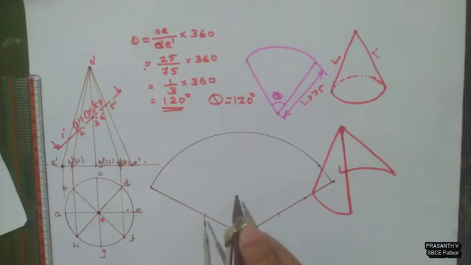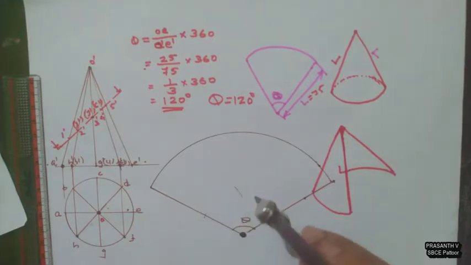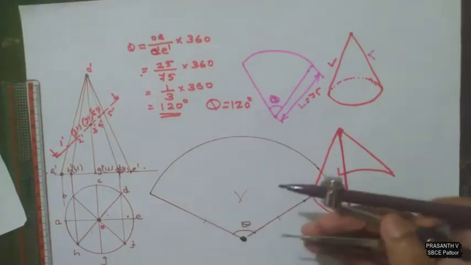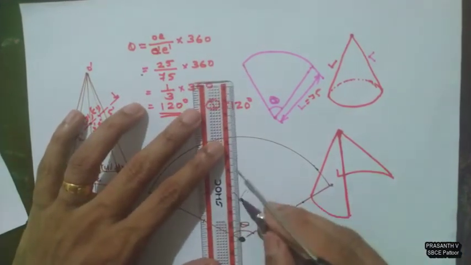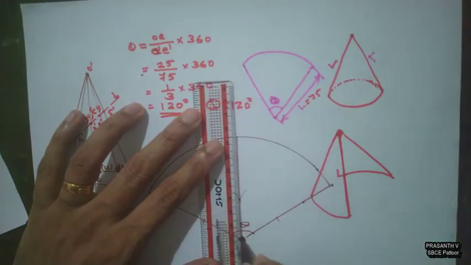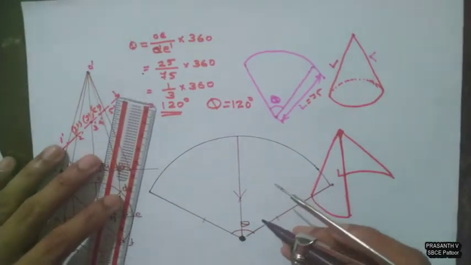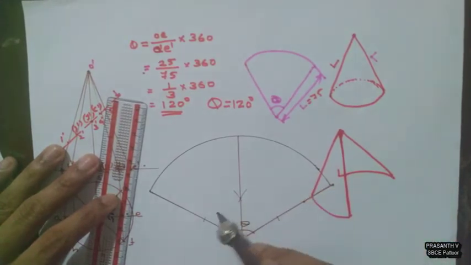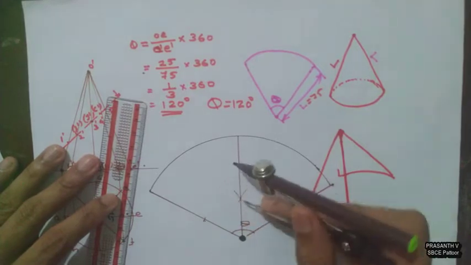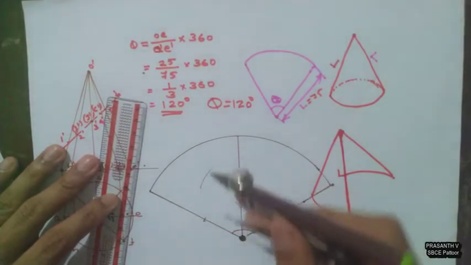First you have to divide this into 2 equal parts. Now just divide this portion again into 2 equal parts. The same radius you can take.